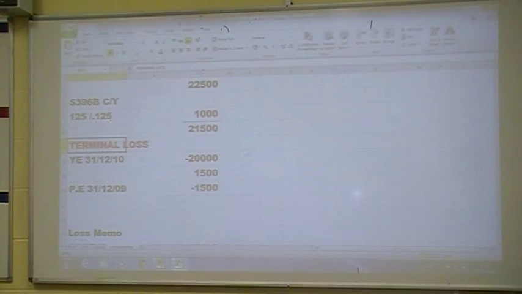ABC owns 95% of Toys and 76% of Buttons. So ABC is in a group with Toys and Buttons. And then Buttons owns 78% of Crafts, so Buttons and Crafts are in a group together.